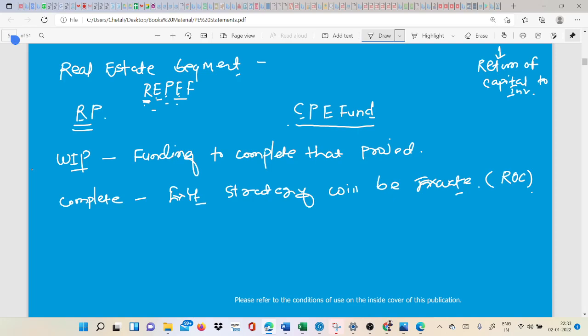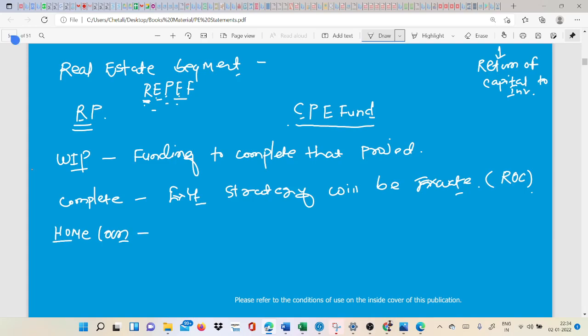So it's very difficult to do the valuations of work in progress projects. Are you aware of how a home loan works? If the property is under construction and you opted for a bank loan, how does the bank proceed with the loan? Correct.